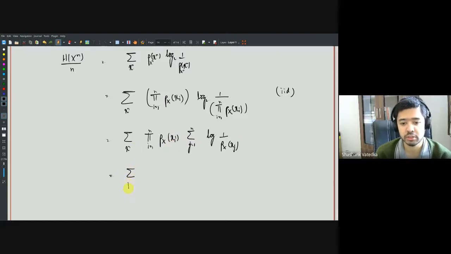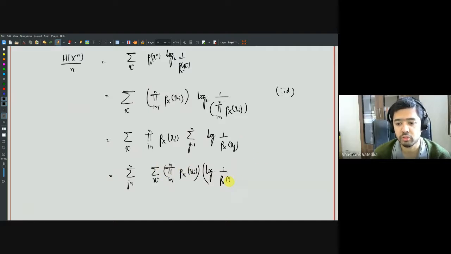I get summation j equal to 1 to n of the sum over all xn of the product i equal to 1 to n of Px of xi log 1 over Px of xj.